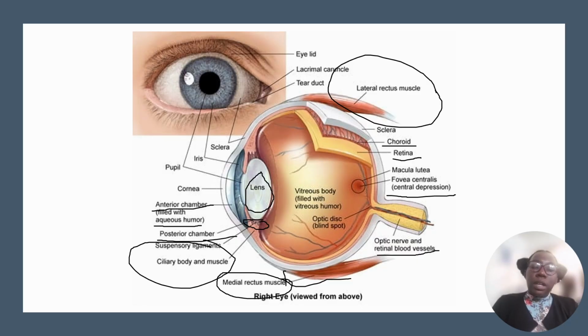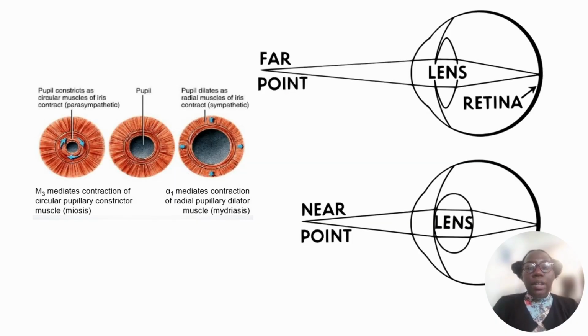Let's take a look at the lens. Our lens has accommodating power. If I'm looking at an image that is far, or someone that is far, then my lens will elongate, as you're seeing here.